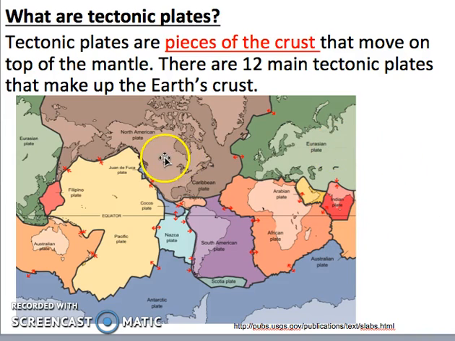We have the continents here. Here's North America, South America, Africa, there's Australia and Asia and Europe, and you can see that the tectonic plate lines are actually, some of them are in the ocean, some of them are right in between the ocean and the continents, but this is basically where the crust is divided.